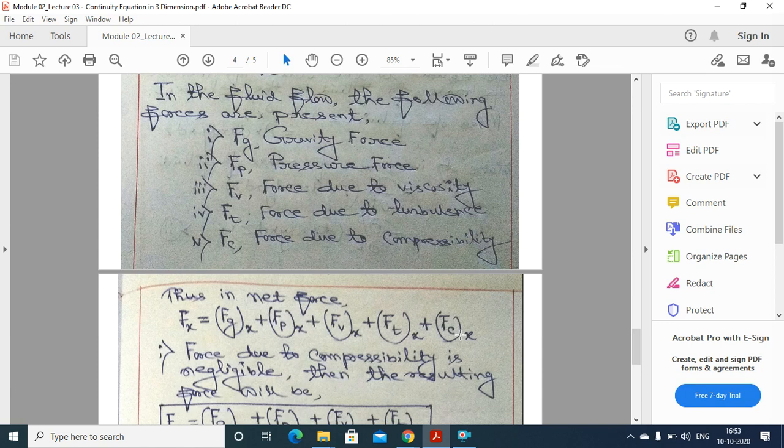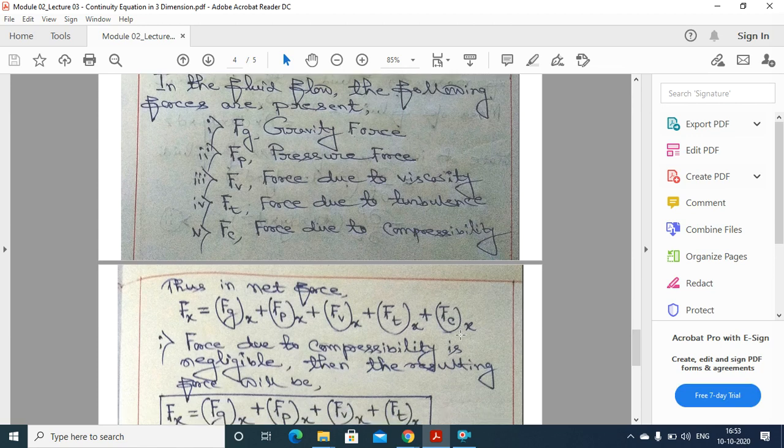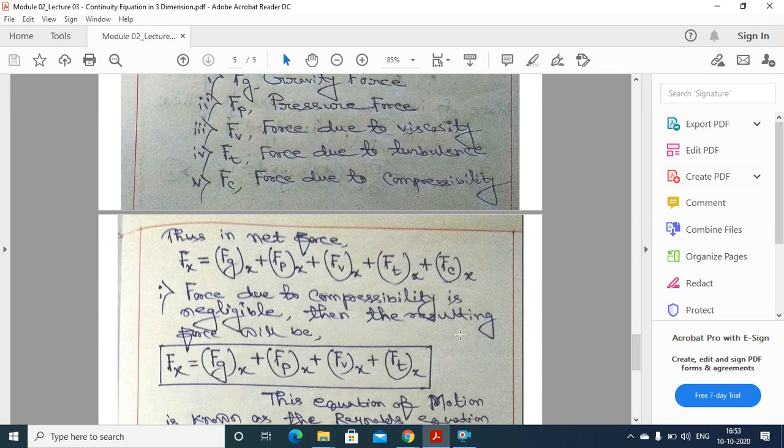When the fluid is flowing in a particular direction, if the force due to compressibility is negligible, then the resulting force will be Fx is equal to Fgx plus Fpx plus Fbx plus Ftx.